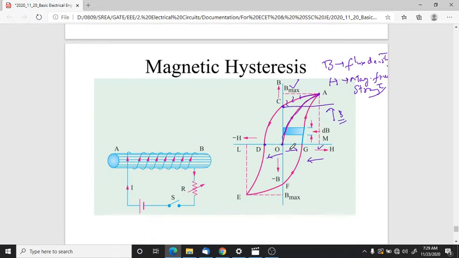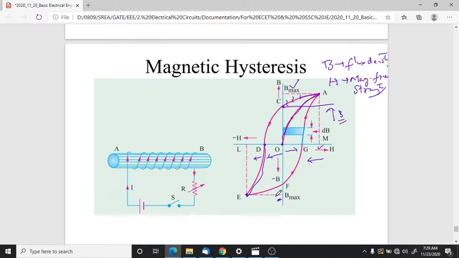If this negative force is increased further, the flux density will increase in the negative direction and reach a maximum value again at some point. This is the maximum flux density in the negative direction, minus B max.